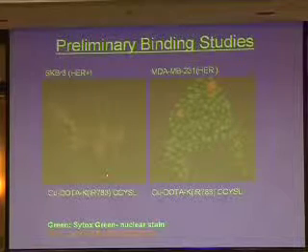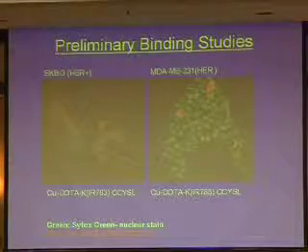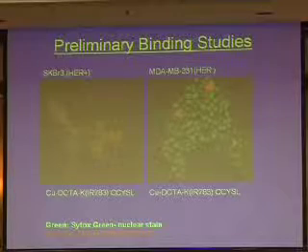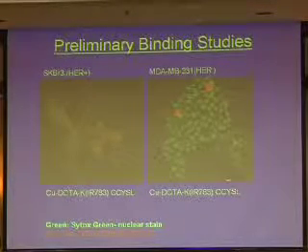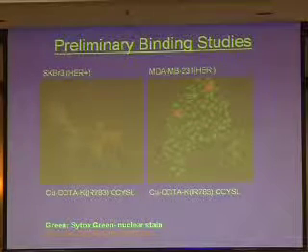As you can see, in the cells that overexpress Her2, the peptide appears to be binding to the extracellular membrane, which is expected as Her2 is a membrane receptor. And in the minimal Her2 expressing cell line, there was negligible binding seen. So this shows that the peptide does appear to have some specificity for Her2 overexpressing cells.